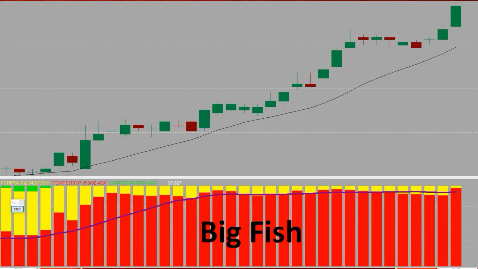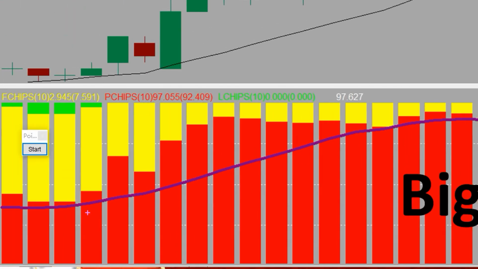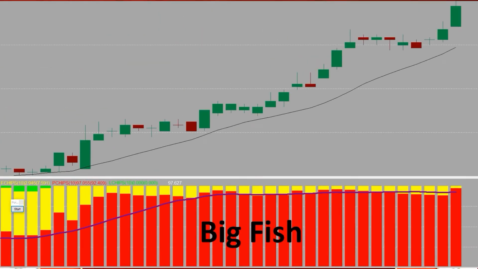So you see, in this stock, most of the multicolor dragon is red bars. Also, on the last day the red bar takes 97%. So it means mostly big fish here.